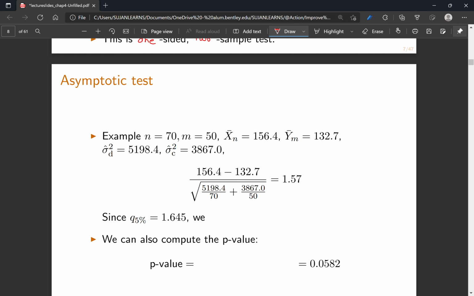Now, next we'll do some examples. In this example, we have two populations. One is control and one is benchmark.